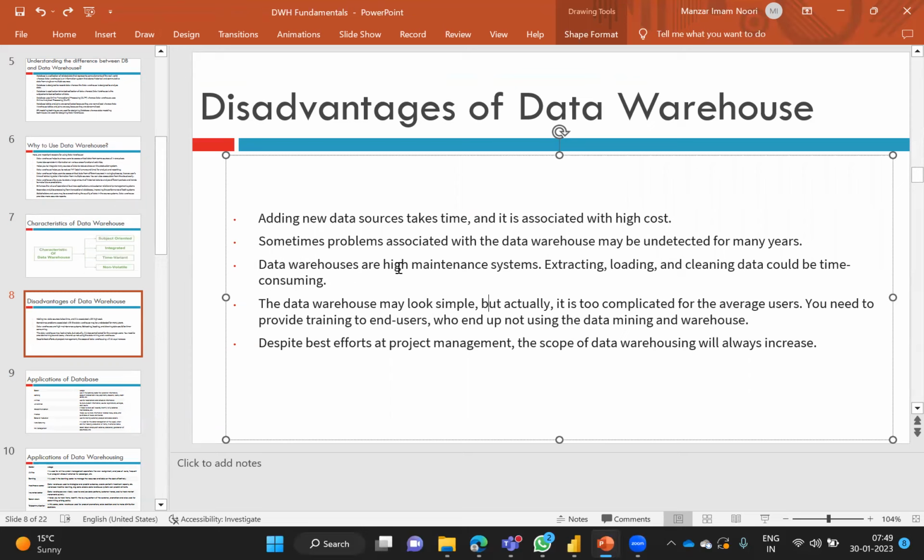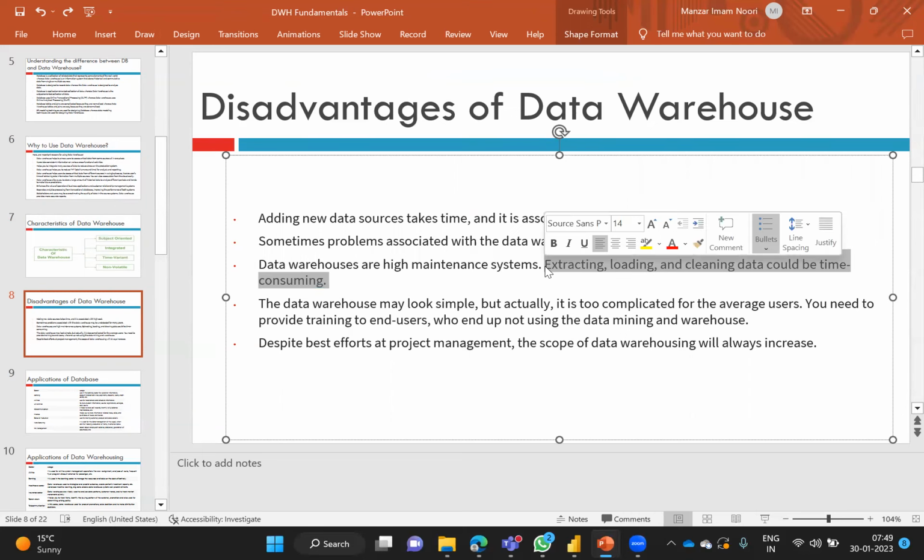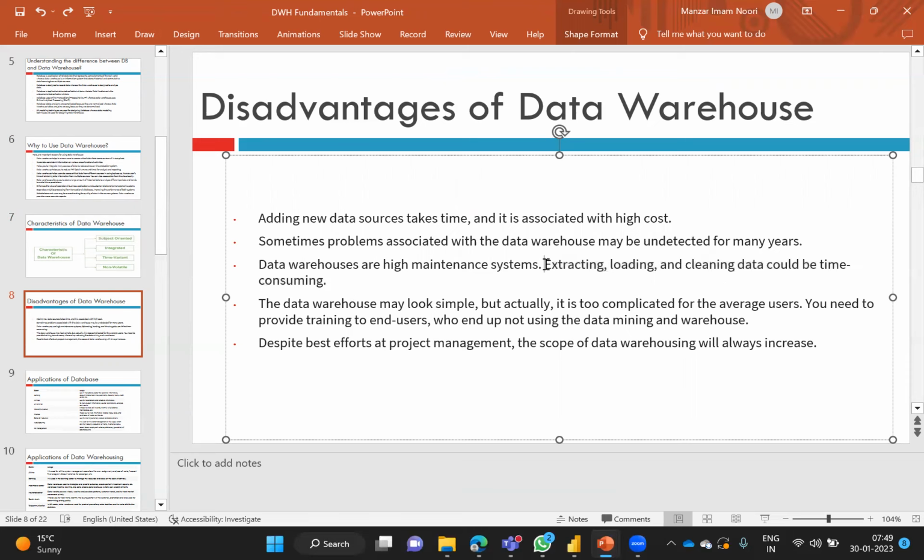A warehouse has higher maintenance requirements, right? Extracting, loading, and cleaning data could be time consuming. It takes some time. I have worked on a project which took even 3 days to load the data from the source system to the target system.